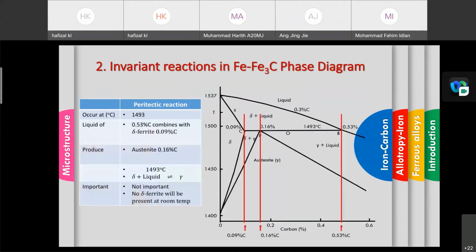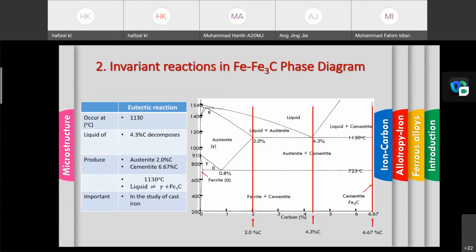Then we go to the invariant reaction, where the temperature is constant, and we can see the transformation of the phase. In this case, we have three regions. The first is in this region, where the temperature is constant.